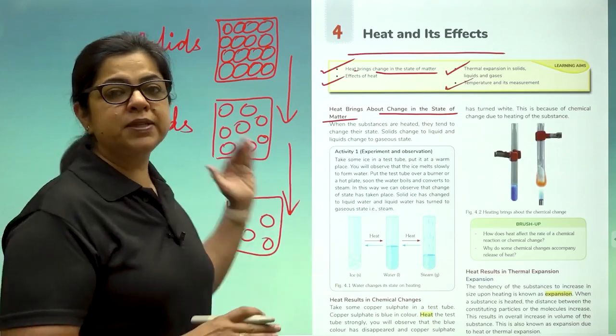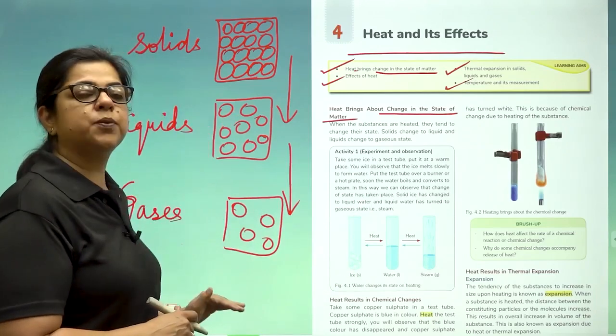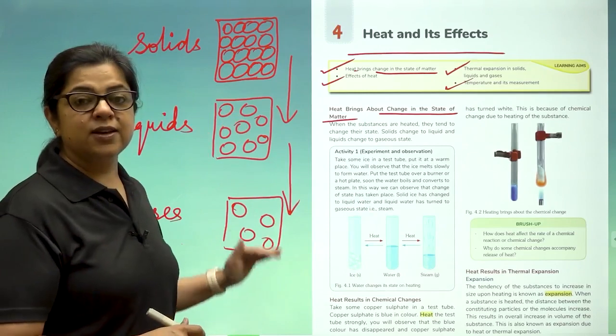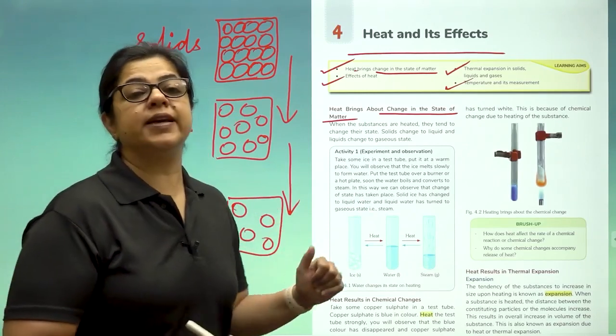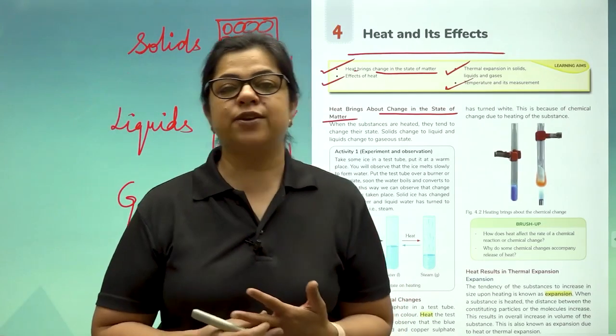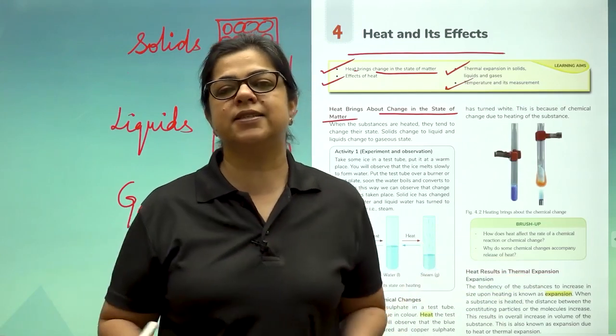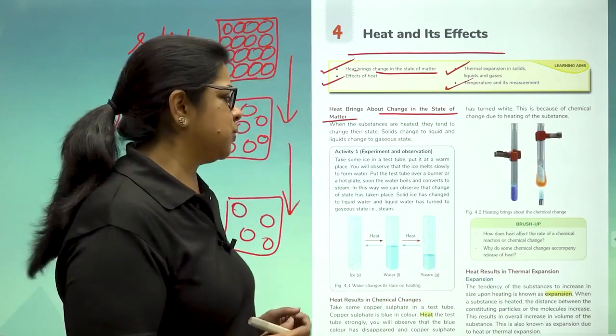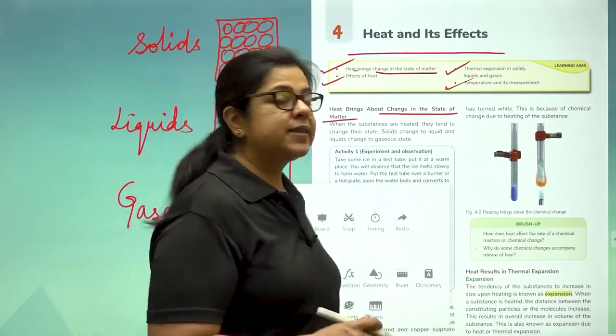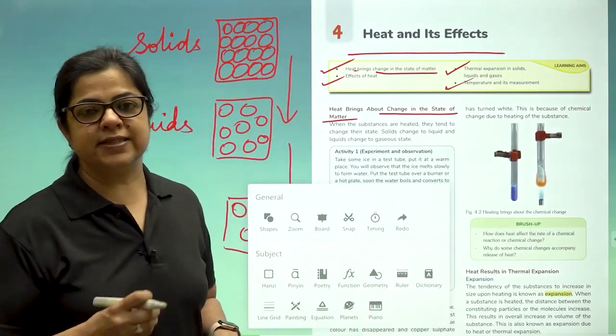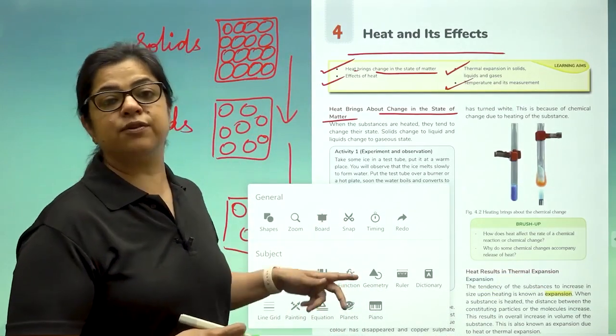And when this happens, the state of matter changes from liquid to gas. So what is heating actually doing? Heating is changing the state of matter. It is increasing the distance between the molecules. So children, this is a physical change that is taking place because we can reverse it.